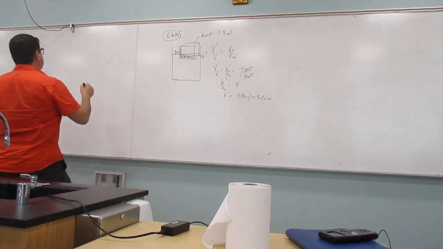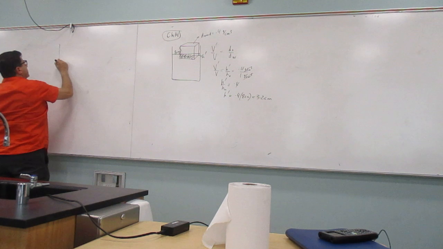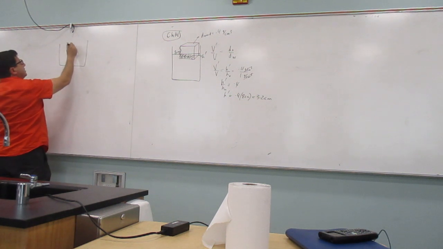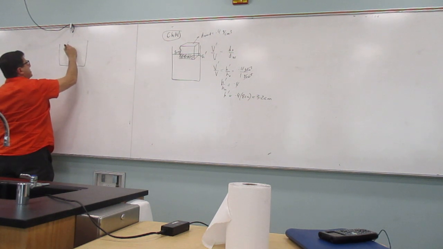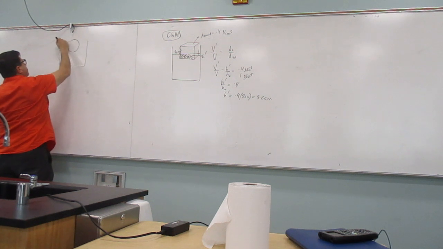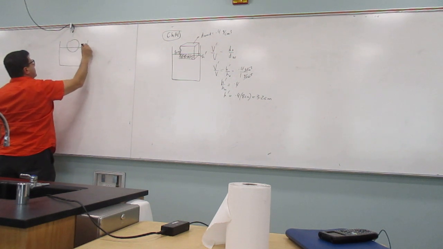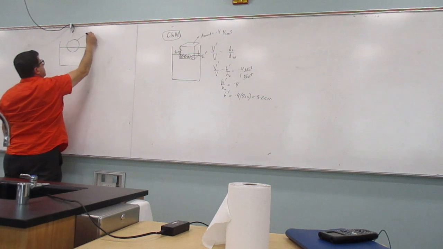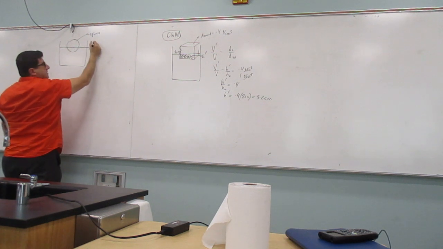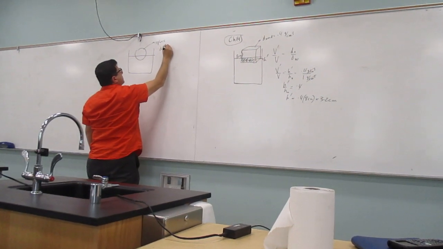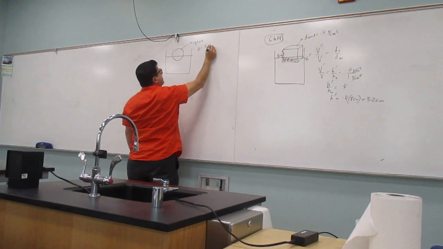So next we want to see if the object, instead of being a cube, its density of the wood is still 0.4, and it's in the shape of a sphere. The sphere density is 0.4 gram per cubic centimeter.